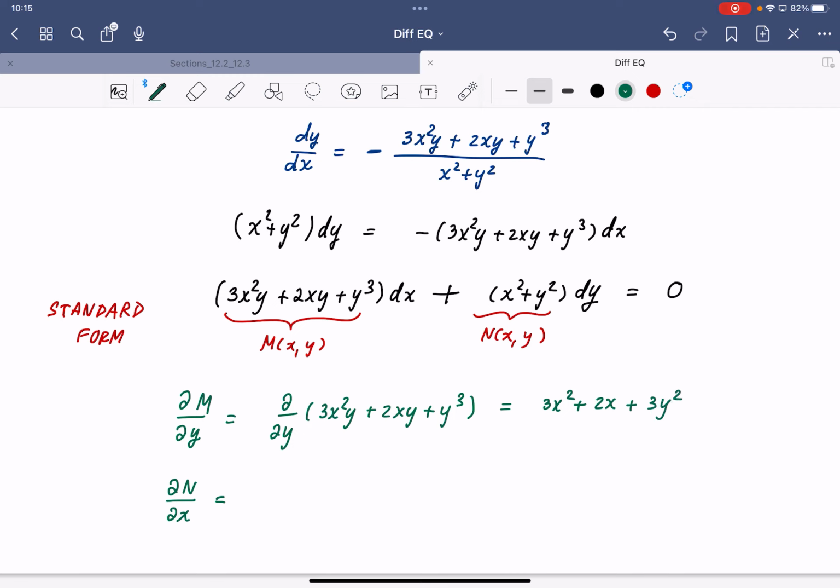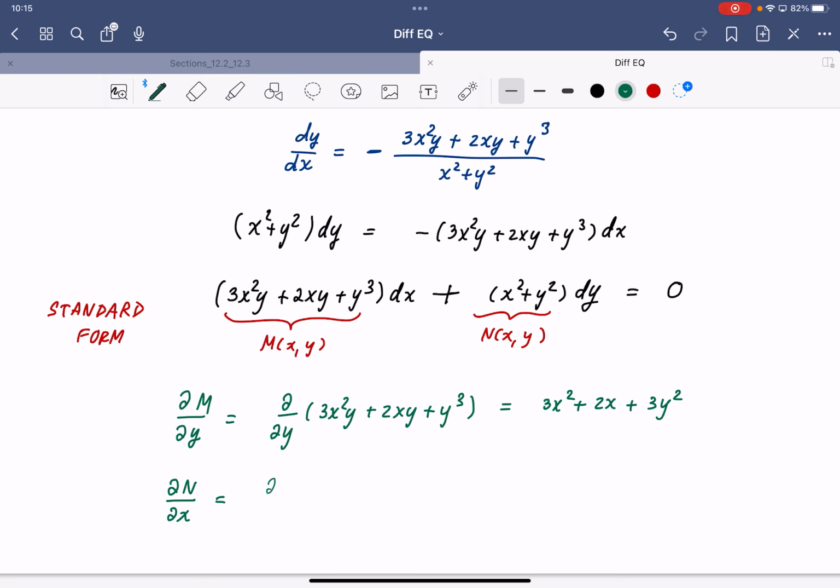If this is too fast for you, think one more time. In 3x squared y, I treat 3x squared as a constant, so I get that one. y is our target variable. For 2xy, differentiating with respect to y, 2x is constant, so I get 2x. But y cubed is a variable, so we differentiate and get 3y squared.